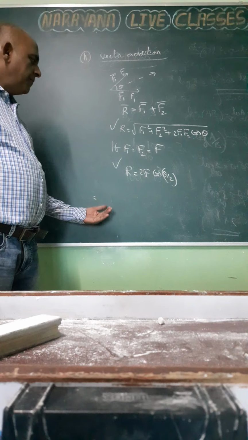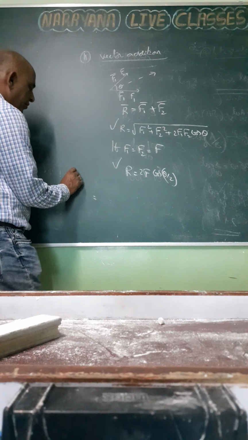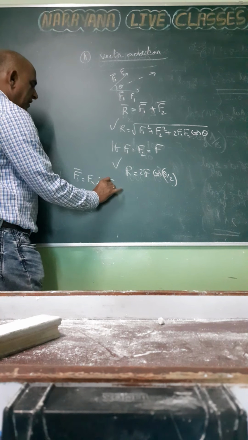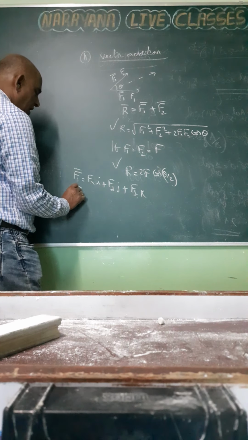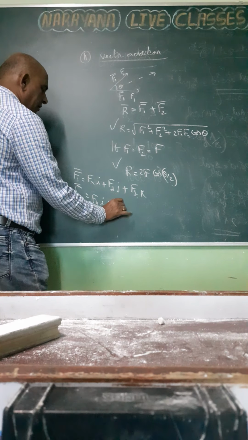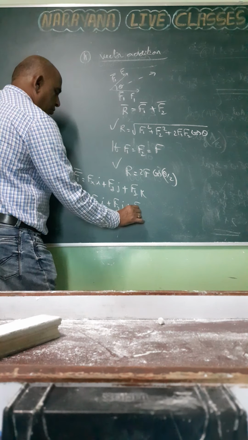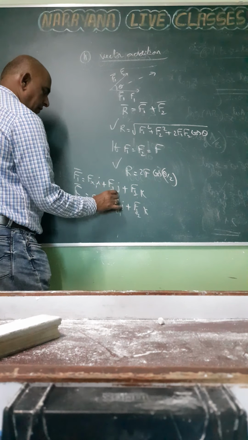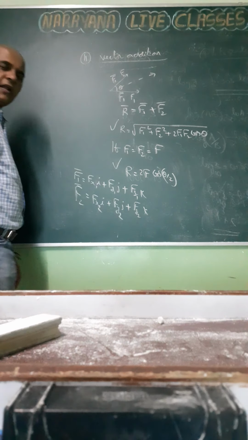Okay, and the vectors can be represented in terms of ijk. For example, F1 bar is equal to Fx1 i plus Fy1 j plus Fz1 k, and F2 bar is equal to Fx2 i plus Fy2 j plus Fz2 k, if they give like this.